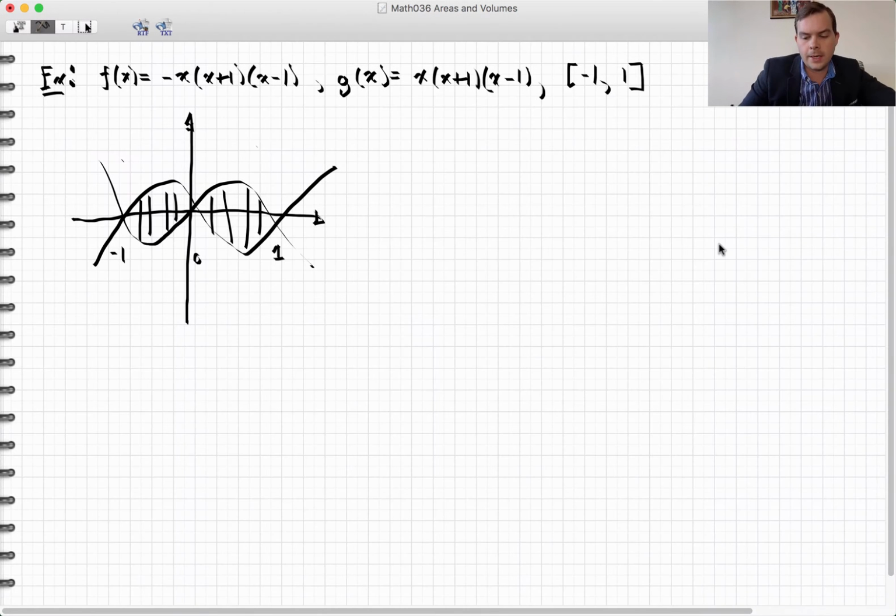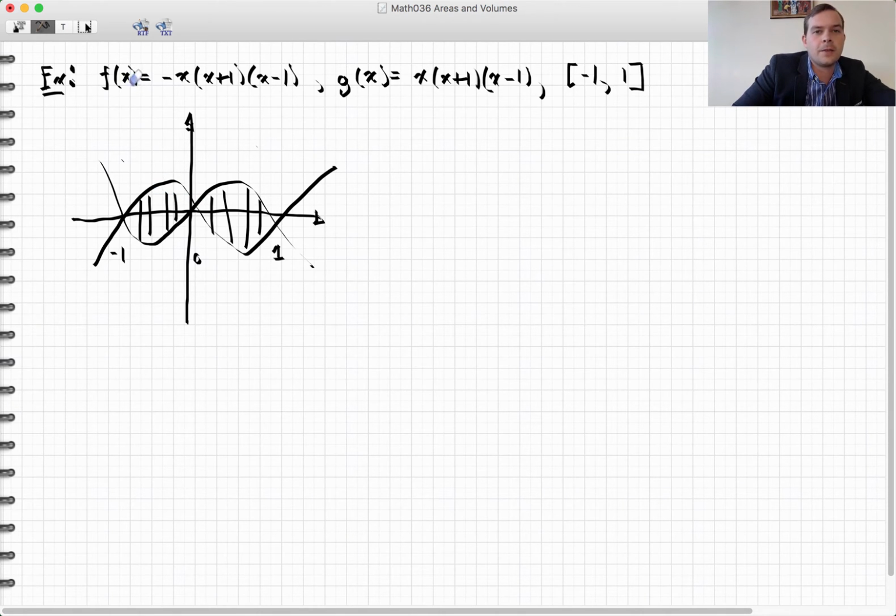Now, to illustrate that some care needs to be taken when you perform this procedure, you need to, in particular, be careful about these ideas of negative areas that result from our general definition of the integral.